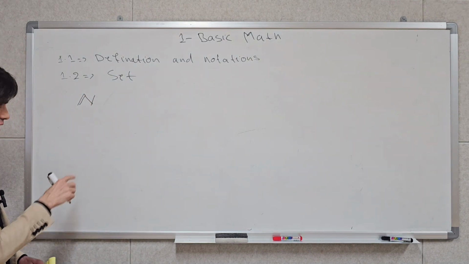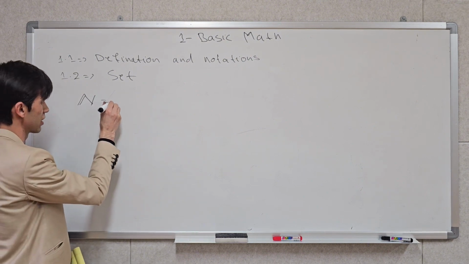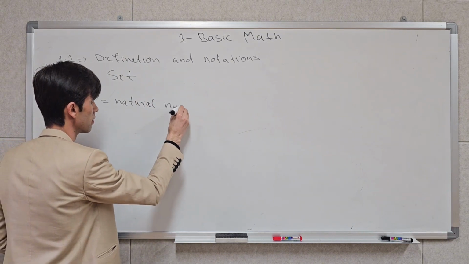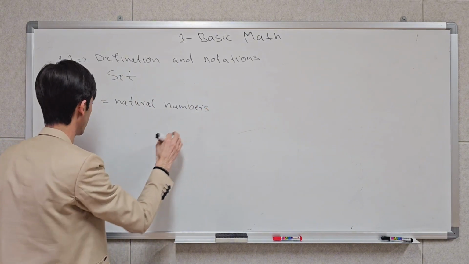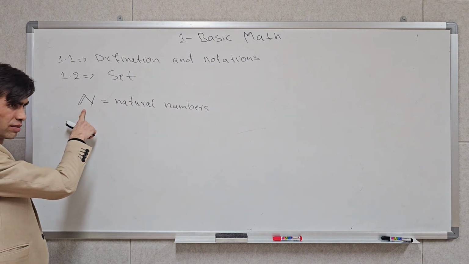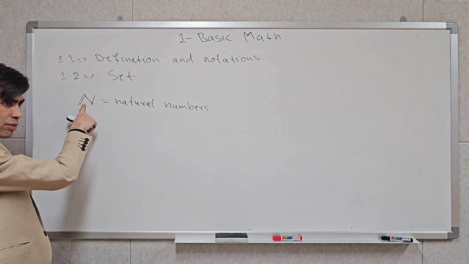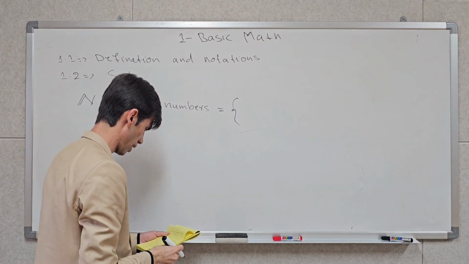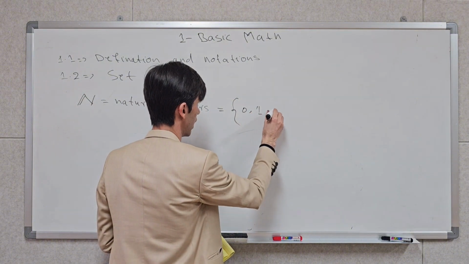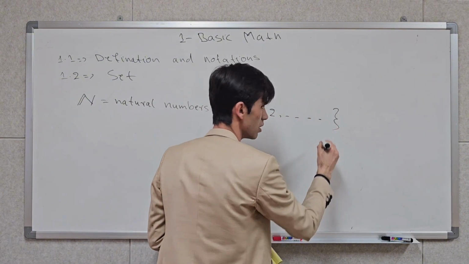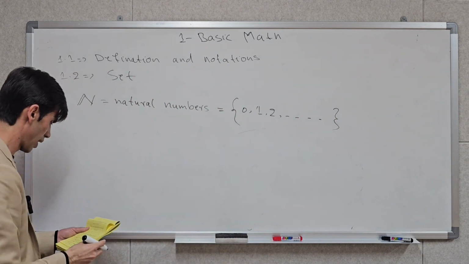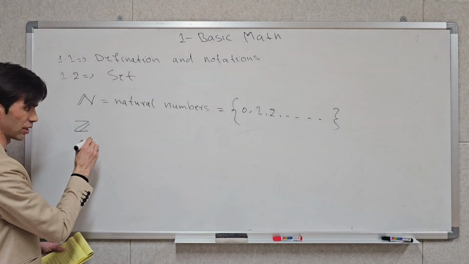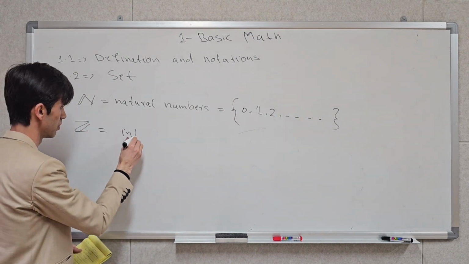But not exactly N. It's something similar to N. It's natural numbers. In microeconomics, we sometimes use this notation, N, like capital N, but not exactly N. It's the set of natural numbers, which includes 0, 1, 2, up to any natural number that we have. And also we have this notation, similar to Z, but not exactly Z. It's integers.